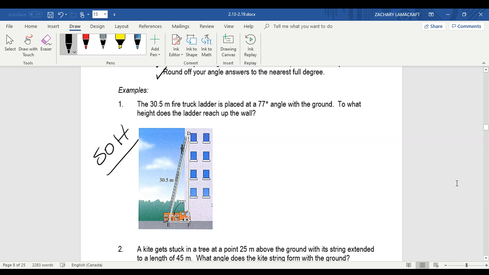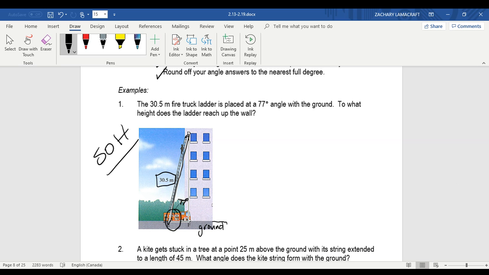So if we look at this picture, if I extend this, we know this is the ground. We know that the fire truck ladder forms this angle with the ground at 77 degrees, and E to D over here is our height of our ladder.